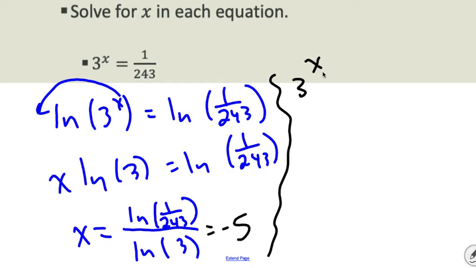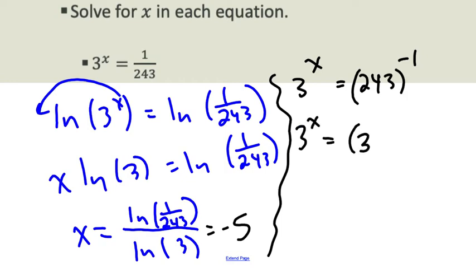Basically, if we can rewrite this as 3 to some power, then if they both have a base of 3, we can set the exponents equal to each other. So first of all, if I move the 243 up, I have 243 raised to the -1st power. Now, I want to try to write this as 3 to some power. Okay, so if we run through our exponents of 3, we have 3 to the 1st power is 3, squared is 9, 3 to the 3rd power is 27, 3 to the 4th power would be 81, and then 3 to the 5th power gives you 243.